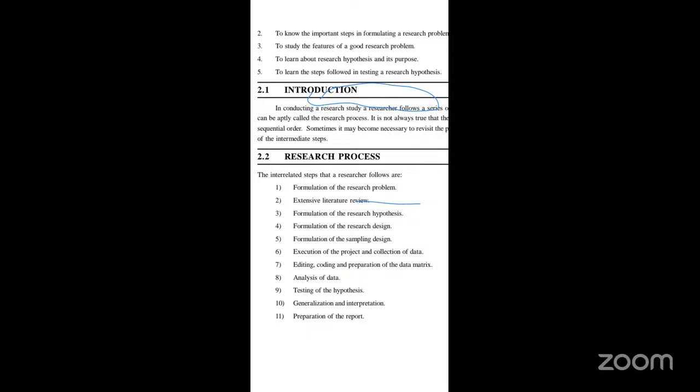These are the main 11 steps, very, very important for the research process.